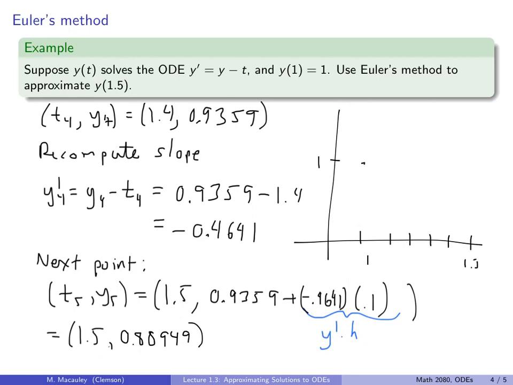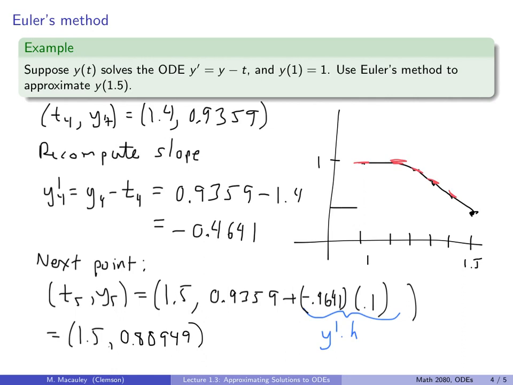This is 1.5. We've been stepping our way, each time computing our slope and readjusting, and finally this is our point.